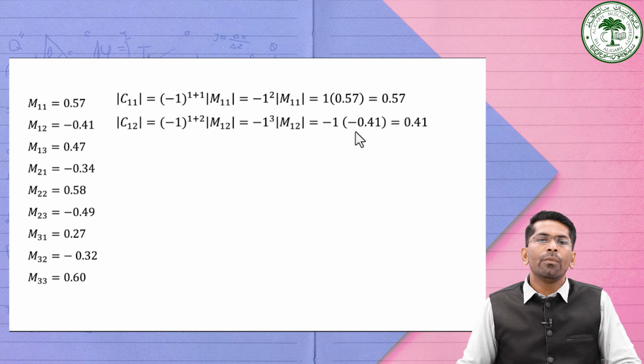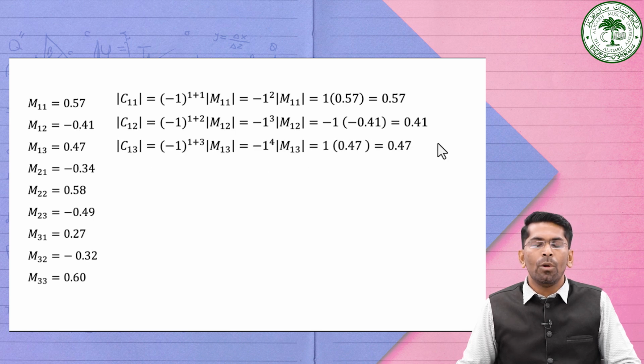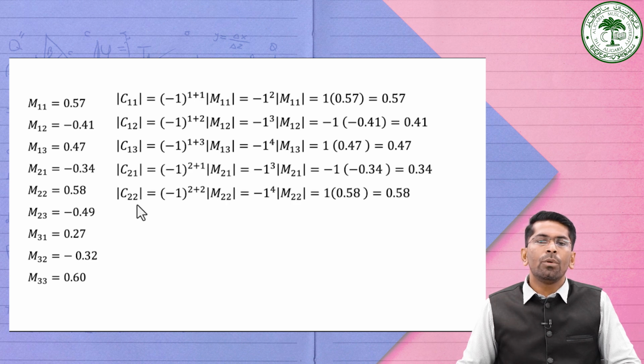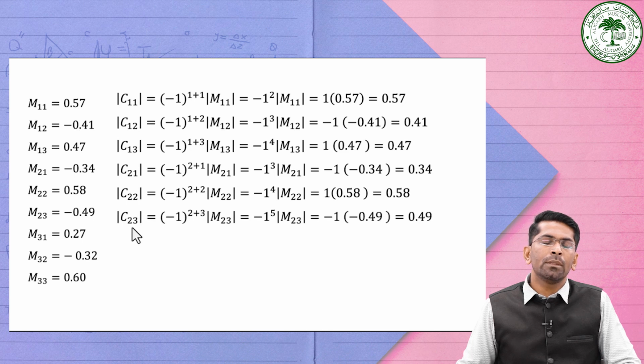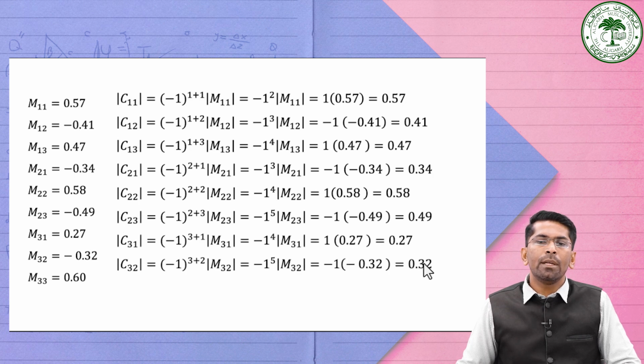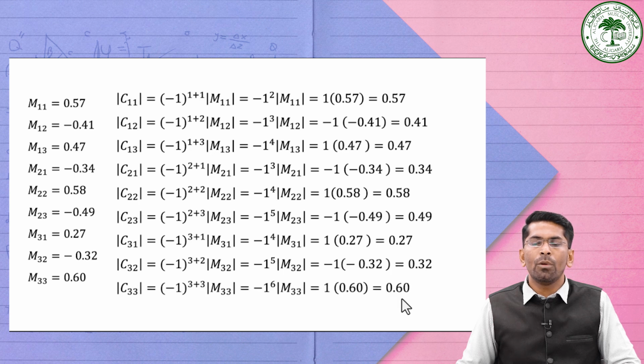Similarly, C12 is equal to minus 1 raised to the power 1 plus 2, which is equal to minus 1 cubed, which is equal to minus 1, into the second minor, minus 0.41. So if you multiply, minus will become plus, so it is 0.41. Similarly, the third cofactor is equal to 0.47, then C21 is equal to 0.34, C22 is 0.57, C23 is equal to 0.49, C31 is equal to 0.27, C32 is equal to 0.32, and C33 is equal to 0.60.